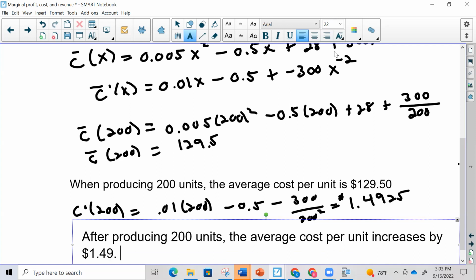So after producing 200 units, the average cost per unit would increase by $1.49. And so that is the average cost.